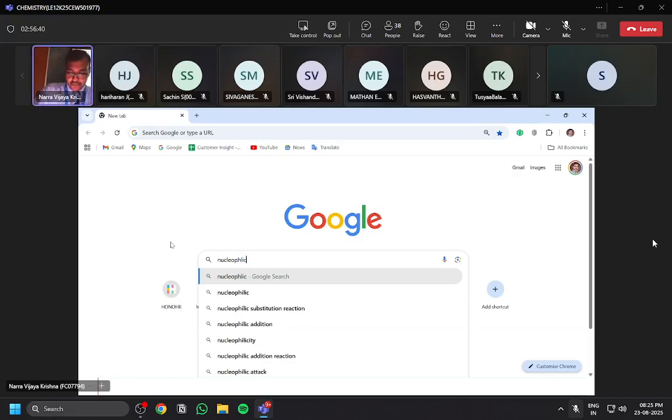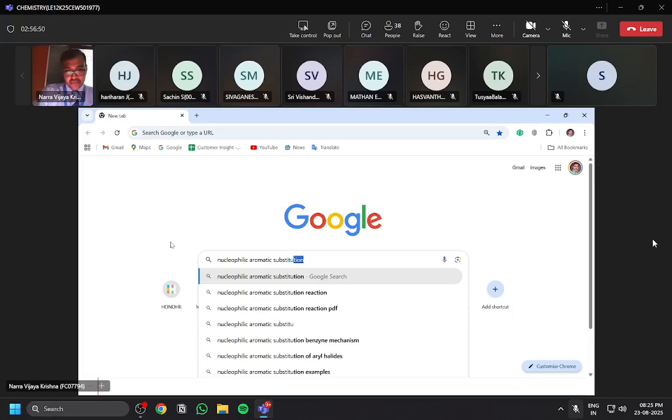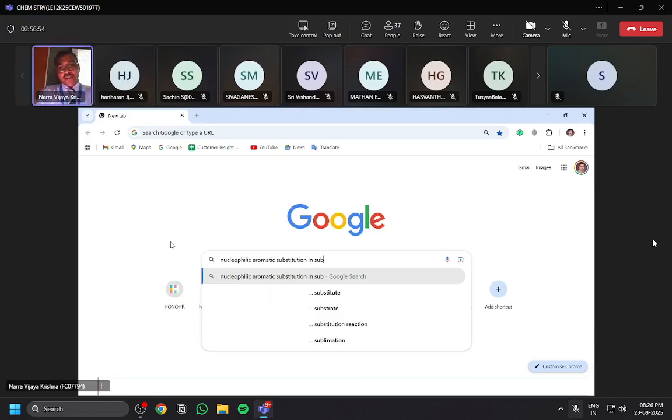Nucleophilic aromatic substitution in substituted benzenes.